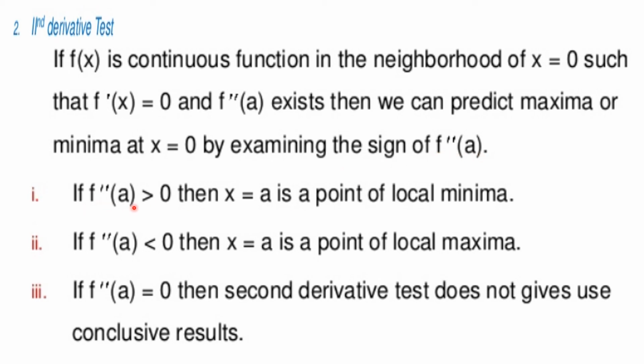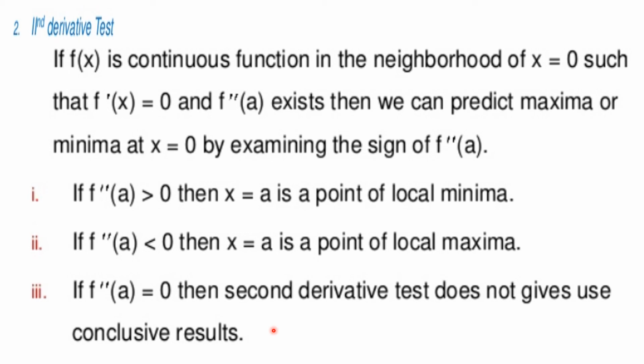If f double dash of a is greater than 0, then x is equal to a is said to be a point of local minima. If f double dash of a is less than 0, then x is equal to a is said to be a point of local maxima. If f double dash of a is equal to 0, then the second derivative test does not give you conclusive results. Okay, my children.